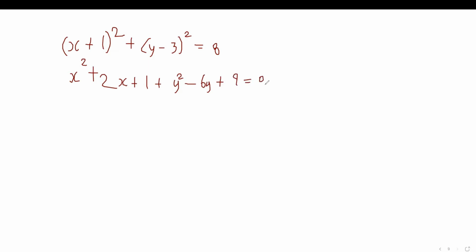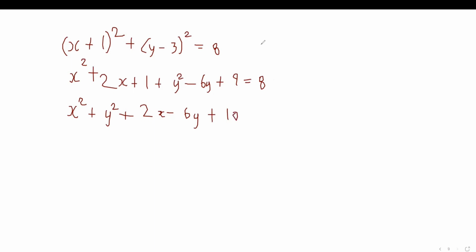Now all we do is group like terms, or group by descending power. So we go x squared plus y squared plus 2x minus 6y. Then look at this, 1 plus 9 is 10. So we have 10 here.